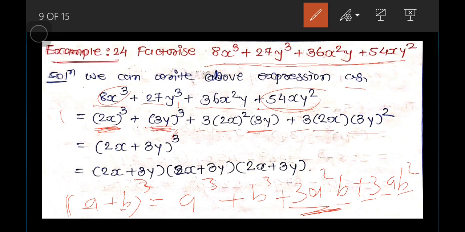So this is the form similar to identity number 6.